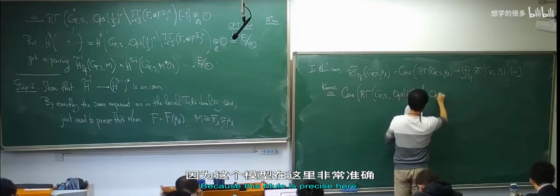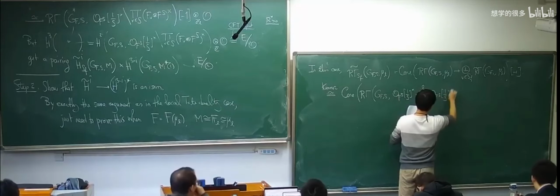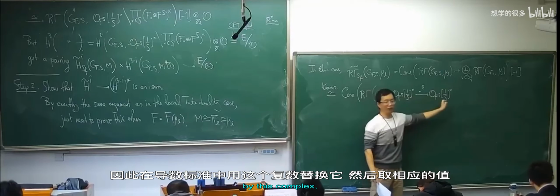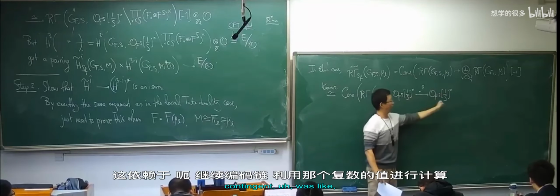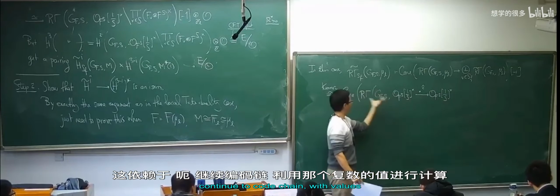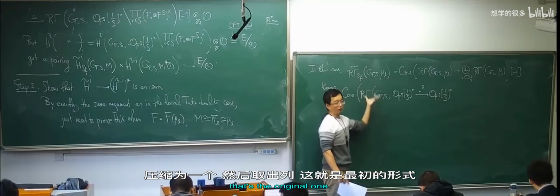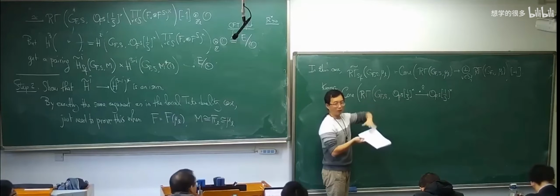Because this mu_L is precisely the kernel of this thing. In the derived category sense, I can replace it by this complex, take the corresponding continuous cochains with values in that complex, make that into one complex, and then take cohomology. That's the original one.